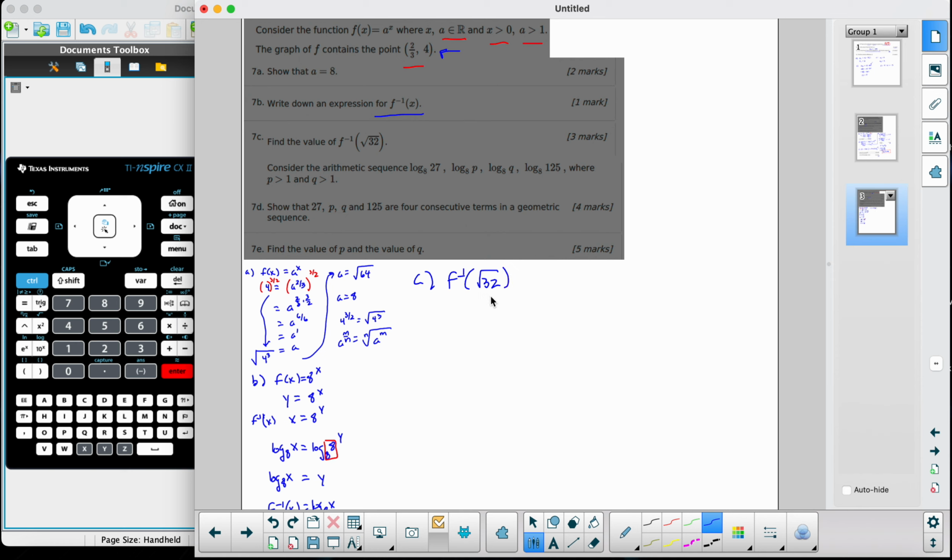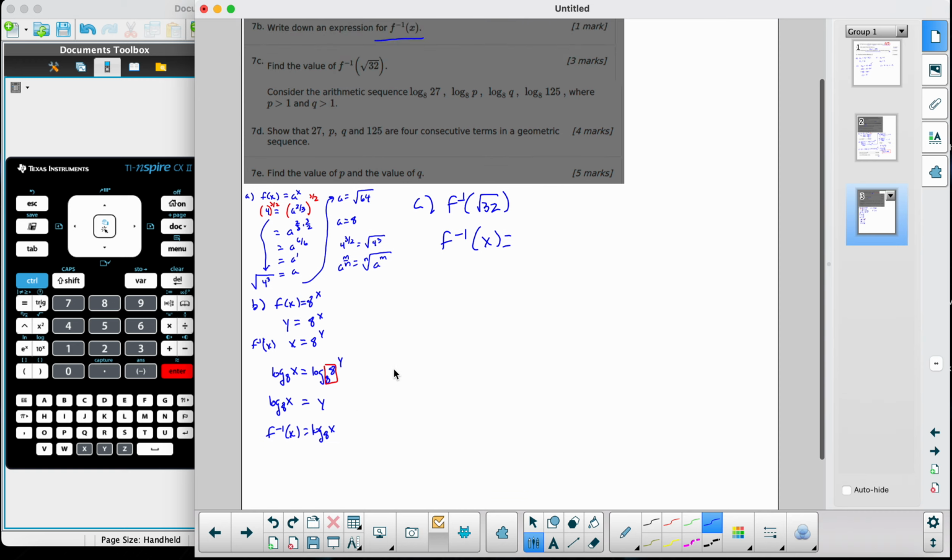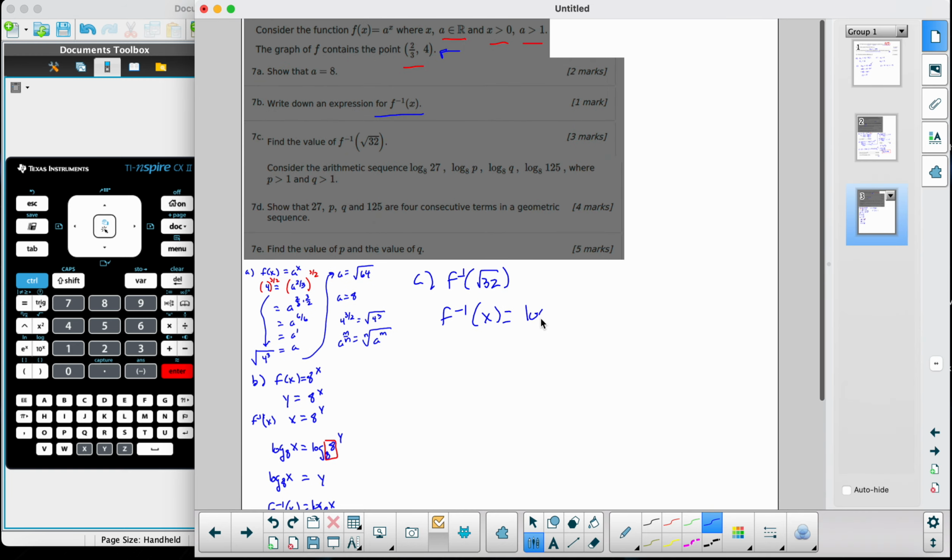Well, we know that f negative 1 of x is equal to log base 8 of x, right? So I just plug this in. So f negative 1 of root 32 is equal to log base 8 of root 32.